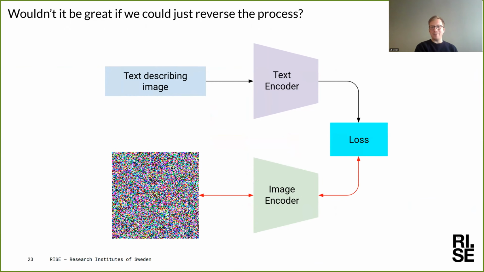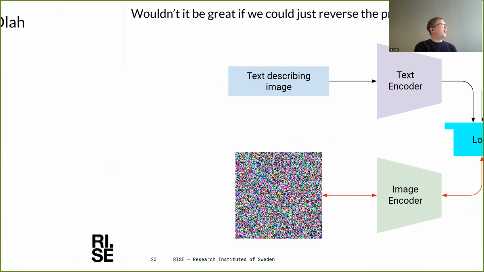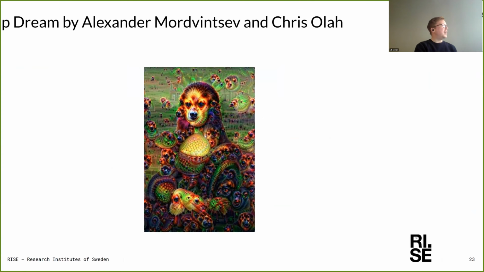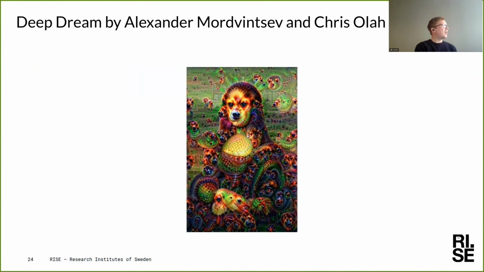You will change one pixel and increase the intensity of one single pixel up in the corner that for some reason correlates very strongly with dogs. But I think the feature visualization movement started a bit with deep dreaming.